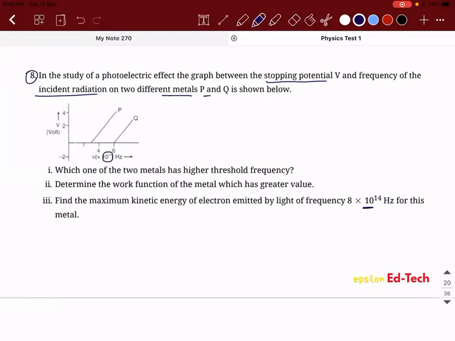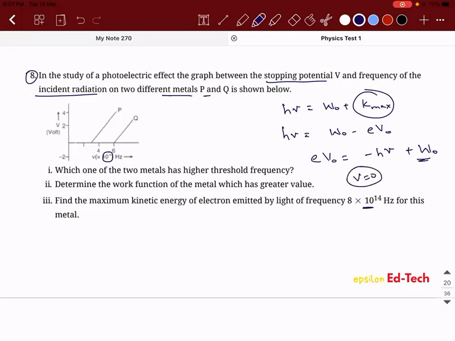So what is the relation between stopping potential and frequency? We know that h nu is equal to W naught plus K max. But K max is written as E times V naught. So EV naught is equal to minus h nu plus W naught. So when nu is 0, what is EV naught?